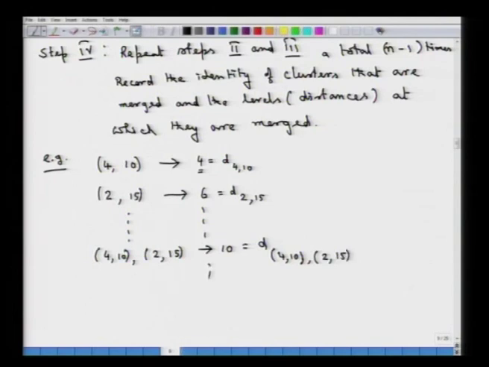So this may continue till we reach the point that we only have one single cluster. Now this information is to be recorded, the clusters that are merged and the levels at which they are merged. And once we have all this information, the last step is to use it to construct the dendrogram tree. So we will conclude with this step 5.